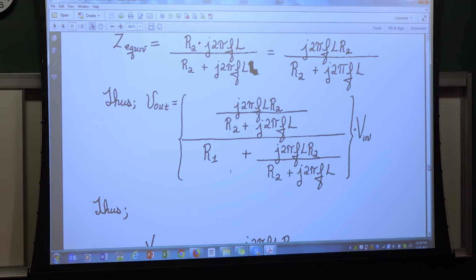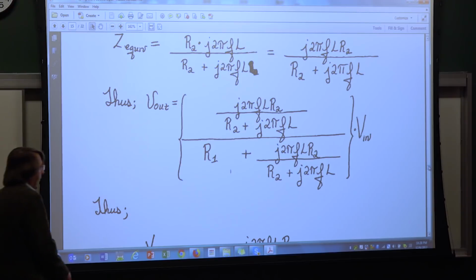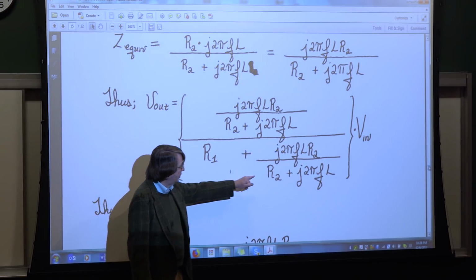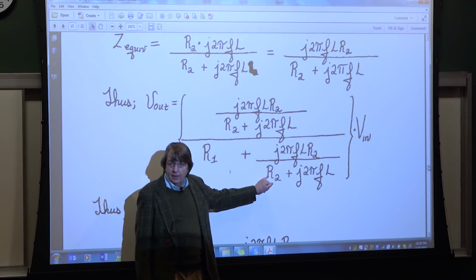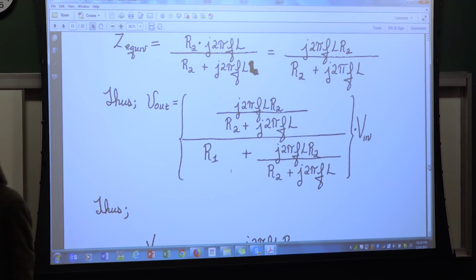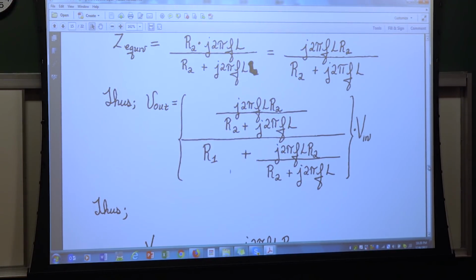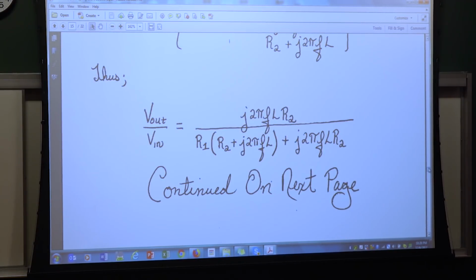Now, I don't like the multiple divisions here in the numerator and the denominator. So I think what I do here is just multiply everything by R plus J 2 pi FL. I think that makes life a little simpler. I now multiply, and I get this here.